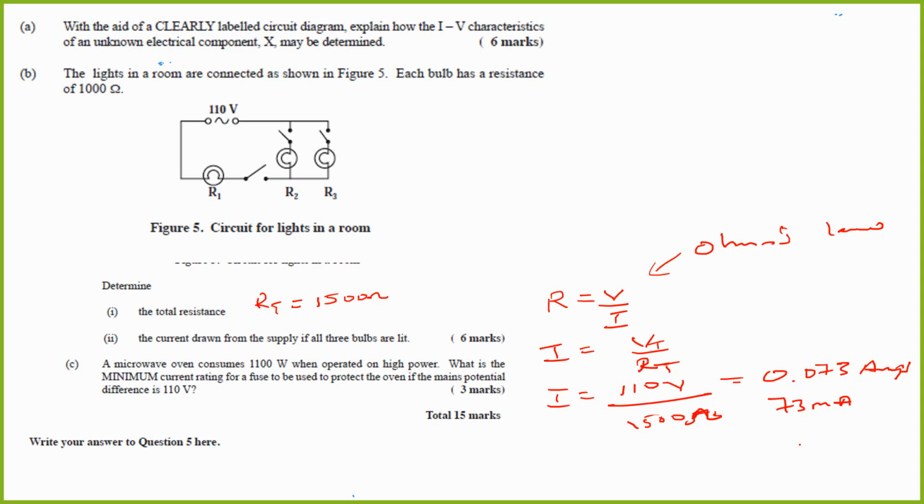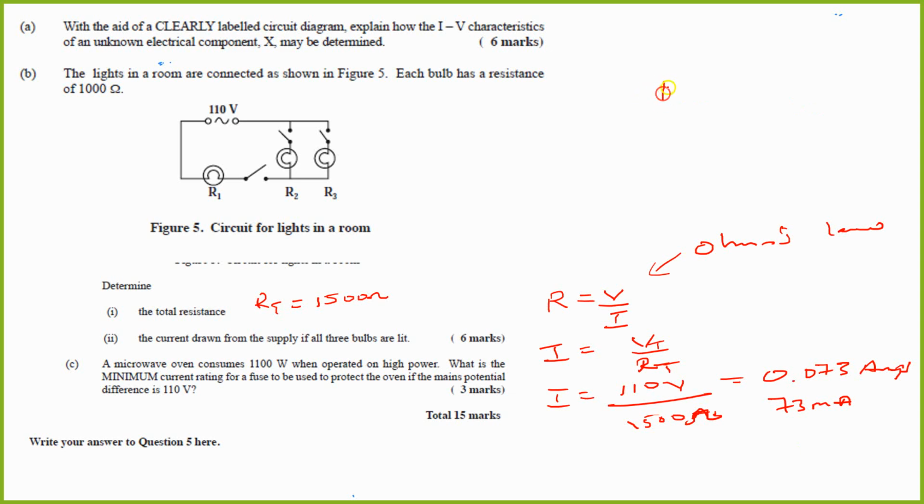The simplest thing now is to replace the fuse and check why the fuse would have broken in the first place. Now the symbol for a fuse, as we're talking about it, is this.